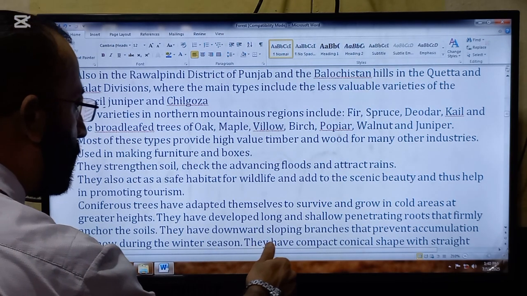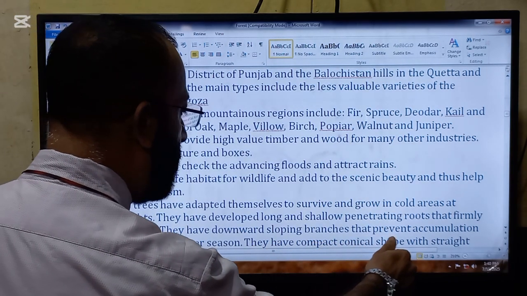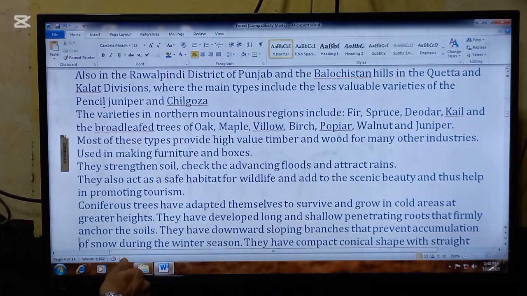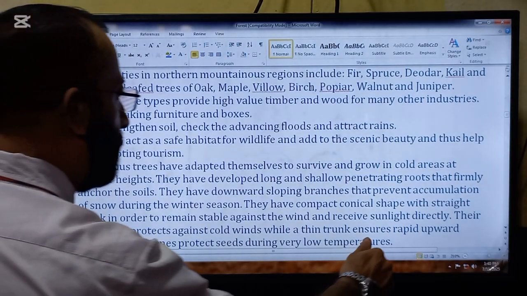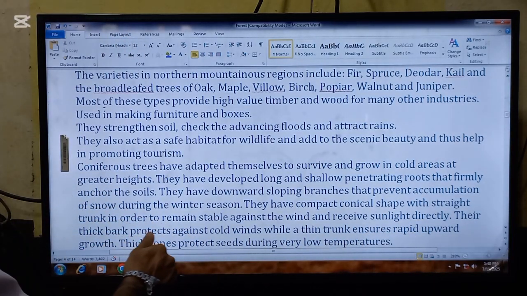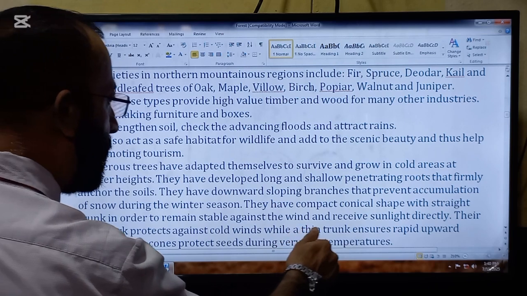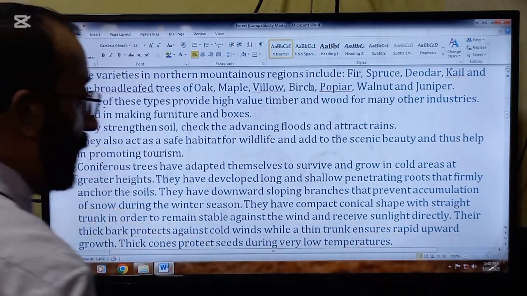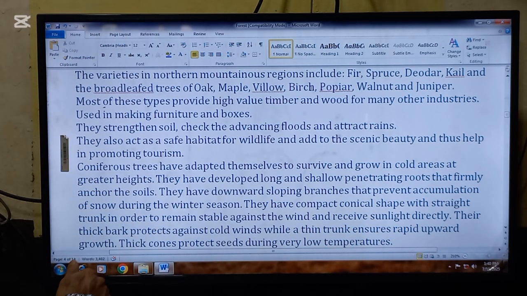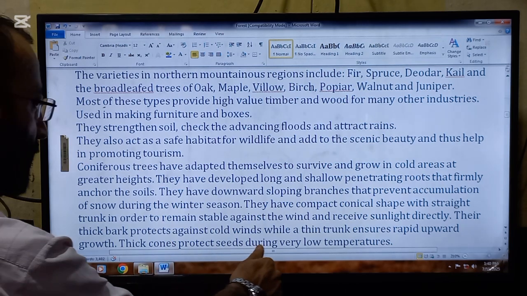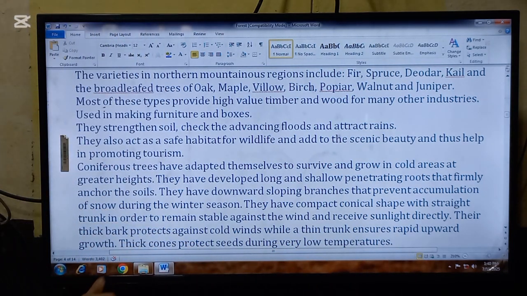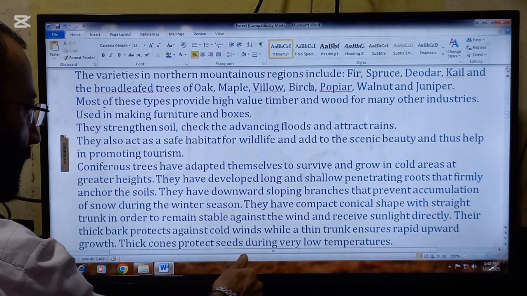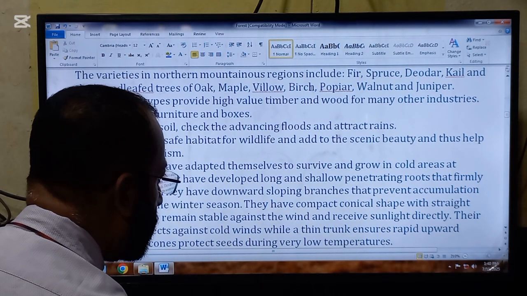They have downward sloping branches that prevent accumulation of snow during the winter season. They have a compact conical shape with a straight trunk in order to remain stable against the wind and receive sunlight directly. Their thick bark protects against cold wind, while a thin trunk ensures rapid upward growth. Thick cones protect seeds during very low temperatures.